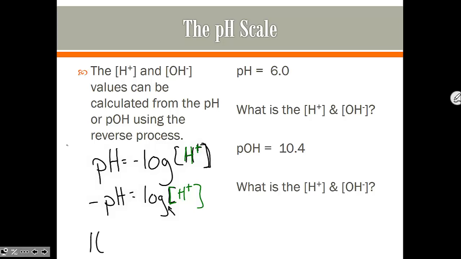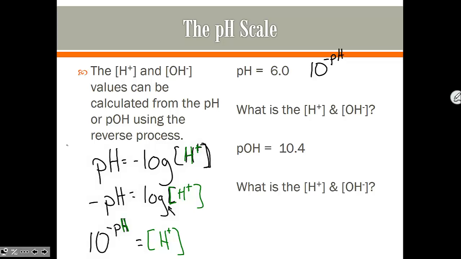So we will raise 10 to the negative pH to get rid of the log, solving for the concentration of the hydrogen ions. Again, that's just to find the hydrogen ions because we were given the pH. If we want the hydroxide ions, we would have to use the pOH and the concentration of hydroxide ions. So with a pH of 6, we can solve for the concentration of hydrogen ions by taking 10 to the negative pH.